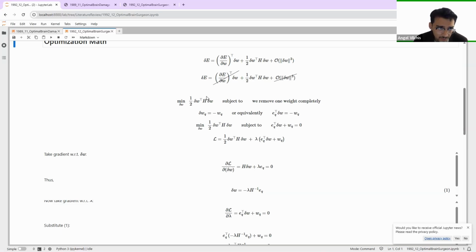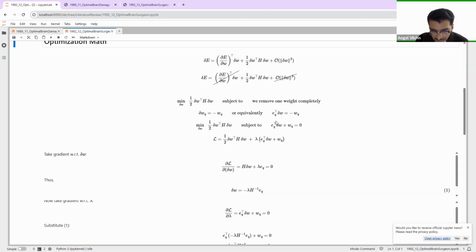And given that we remove the weight completely, we want to minimize the change in E, right? So we remove one weight completely, and now let's minimize the increase in the error function. So that's what this whole line is saying. And we just need to convey this in math. We remove one weight completely. So how do we do that?